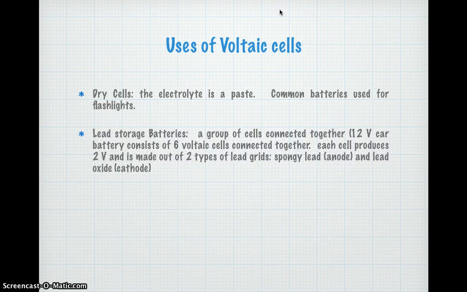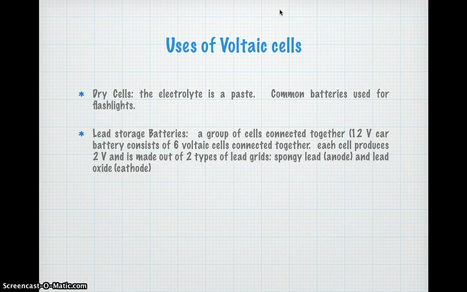The other type of voltaic cell that is very popular, that you certainly are well aware of, are lead storage batteries, sometimes known as 12-volt car batteries. These are 6 voltaic cells which are connected together. Each cell produces about 2 volts of power. So 6 times 2 is 12. That's where you get your 12 volts, and it is made out of 2 types of lead grids, on opposite sides of each other.